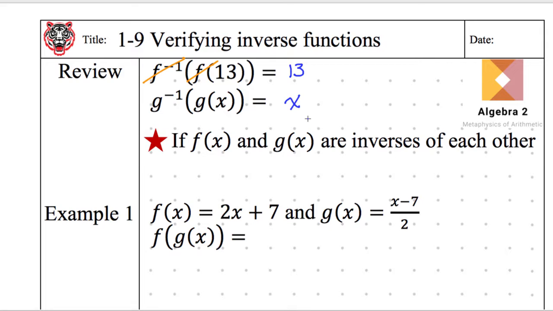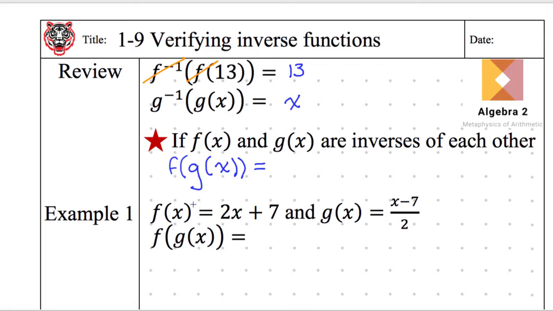So this is where we get to our new stuff. We're going to assume, this is an assumption, that f and g are inverses of each other. Based on the example we just did, f of g of x must be equal to what?